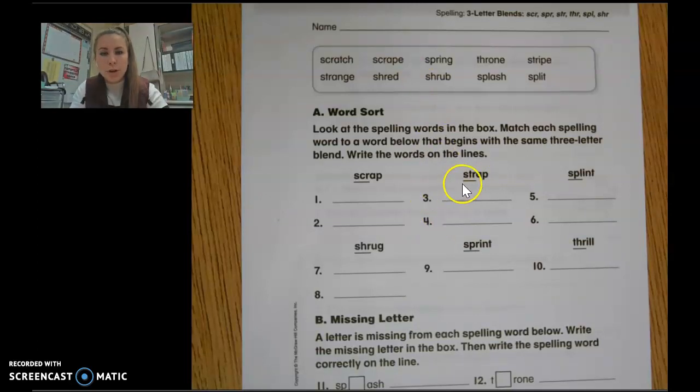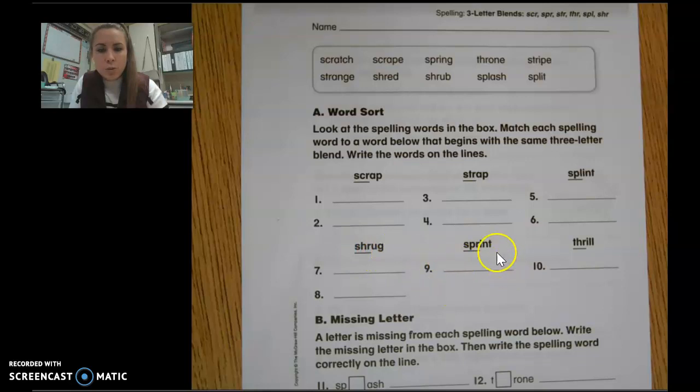On lines 3 and 4, you're going to look for three-letter blends of STR, like strap. When you sound that out, you can hear each letter in the word blended together. Then 5 and 6, you will have the SPL three-letter blend, like splint. 7 and 8, you have SHR, shrug.